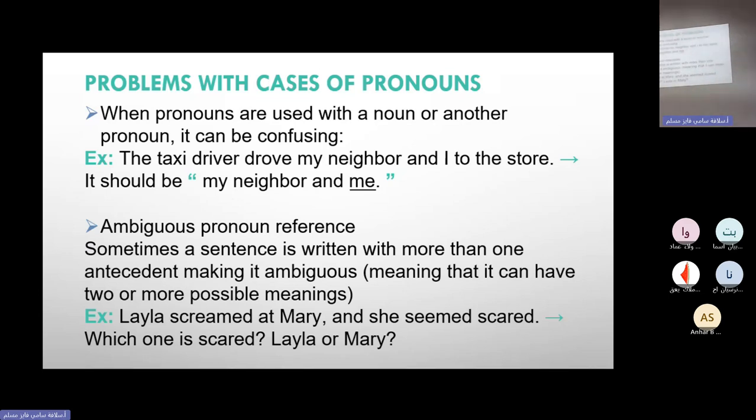Go ahead يا نرسيان. Read the example. Layla screamed at Mary and she seemed scared. Which one is scared? مين الي scared؟ بنحكي ليلى اللي صيحت على ميري هي اللي scared ولا ميري اللي scared؟ You don't know because this sentence is confusing.